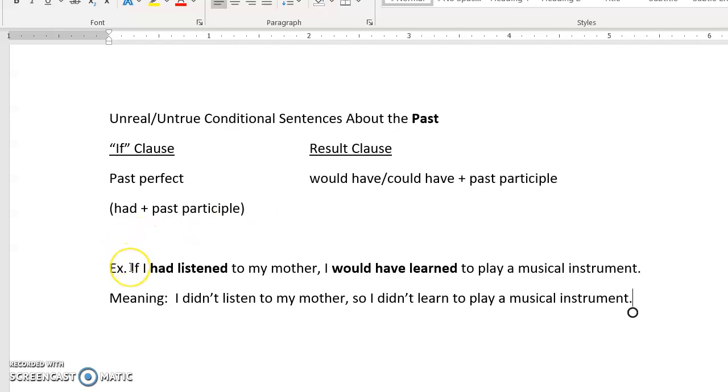So in the if clause, right here, if I had listened to my mother, you see we have past perfect, I would have learned to play a musical instrument. So we're using would have plus past participle. So the meaning of this sentence is, I didn't listen to my mother, so I didn't learn to play a musical instrument.